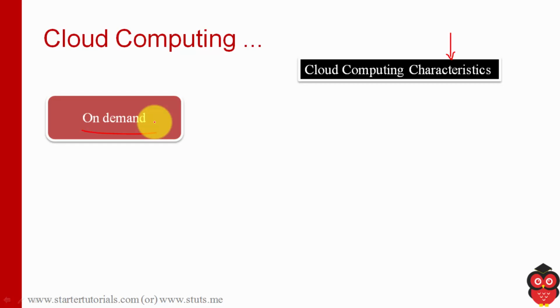The next characteristic is autonomic, which means this scaling up and scaling down of resources based on demand is done automatically. No need to go and manage the resources. It is automatic.